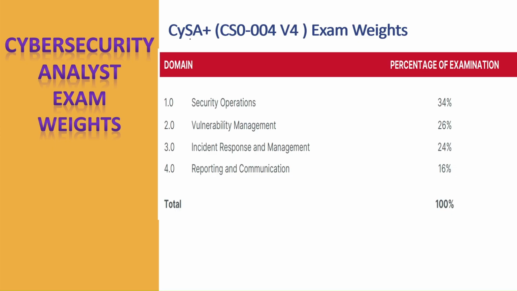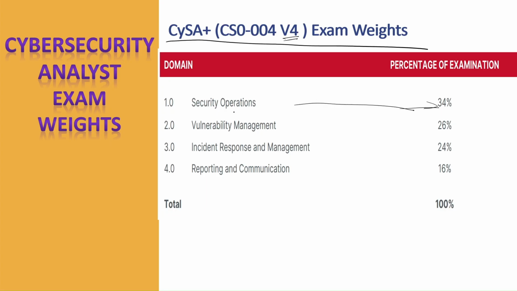So this certification course is designed as per the latest CompTIA exam version, that is CS0-004 V4, that is being launched at the end of June 2026. So we have 4 domains and each domain carries a percentage of the overall exam weightage.